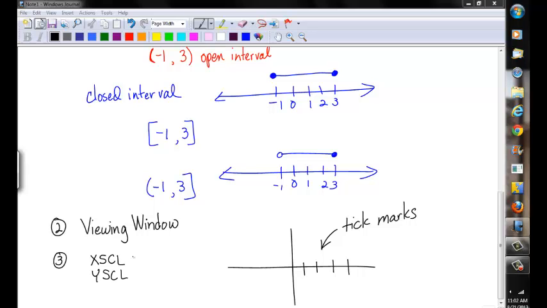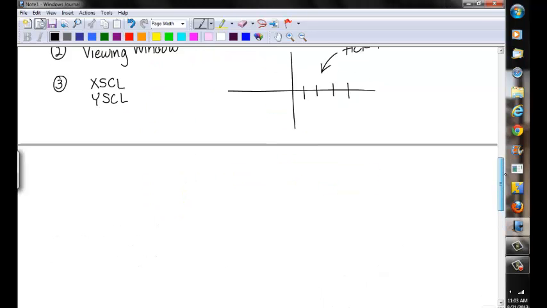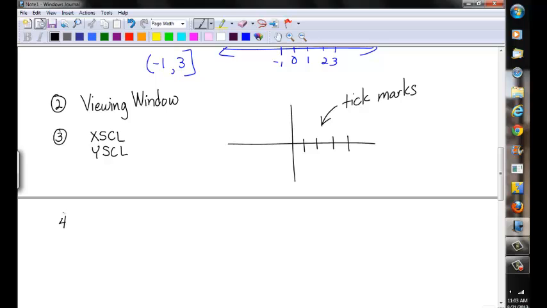Okay, and then the most important part out of this section, because on the test I will say show a complete graph. And we talked about complete graphs last year.